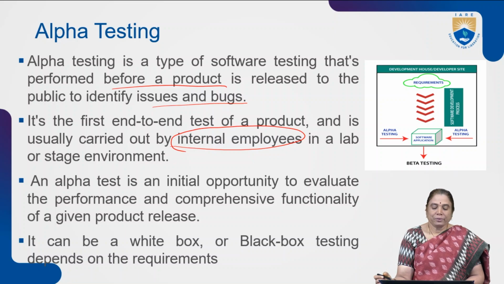An alpha test is an initial opportunity to evaluate the performance and comprehensive functionality of a given product release. It can be white box or black box testing depending on the requirement. So alpha testing must be conducted internally in the company before moving to beta testing.